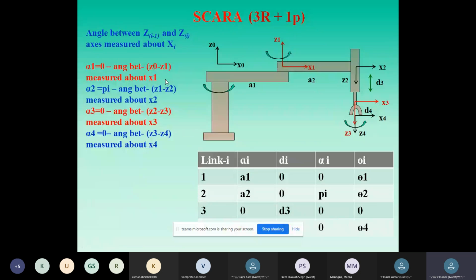For alpha 2, the angle between Z1 and Z2: Z1 is upward and Z2 is downward, so the angle between Z1 and Z2 will be 180 degrees. Alpha 2 will be pi.